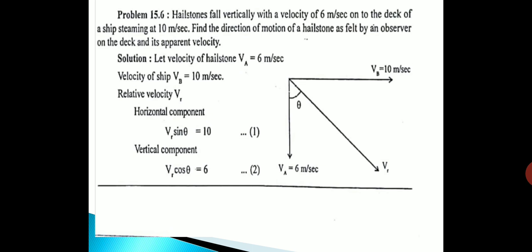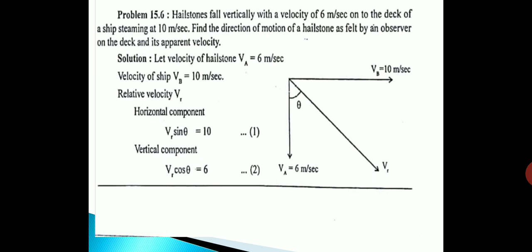Let the hailstone coming down be represented along the vertical axis moving down, and let Vr be the relative velocity, or apparent velocity as it is termed, which we have to find here. Again I am repeating, Va is the velocity of the hailstones falling from the sky, so it is represented along the downward y-axis.